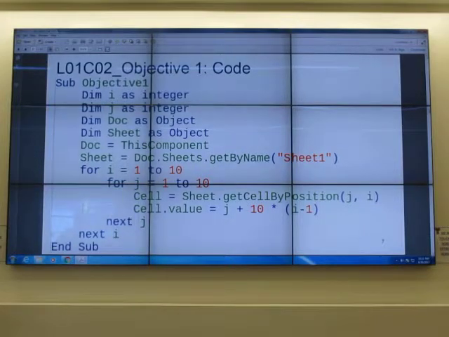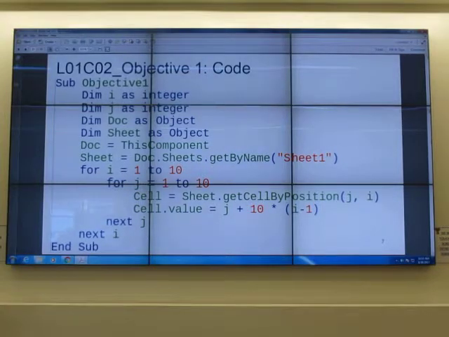So the first couple of lines is just a formality that we want to write the value on sheet 1, just that. So look at the for loop. I equal to 1 to 10, j equal to 1 to 10, and I put getCellByPosition j, i. So for OpenOffice, the index starts with column and then row, right?